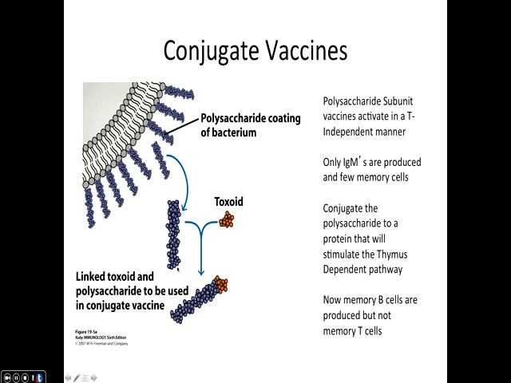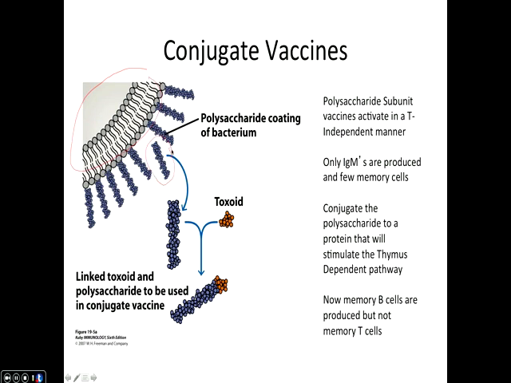So here's an example of some of these conjugate vaccines. Conjugate or subunit vaccines, in this case, take the polysaccharide subunit. All they've taken is the polysaccharide that's on the cell membrane. So this is our pathogen here.